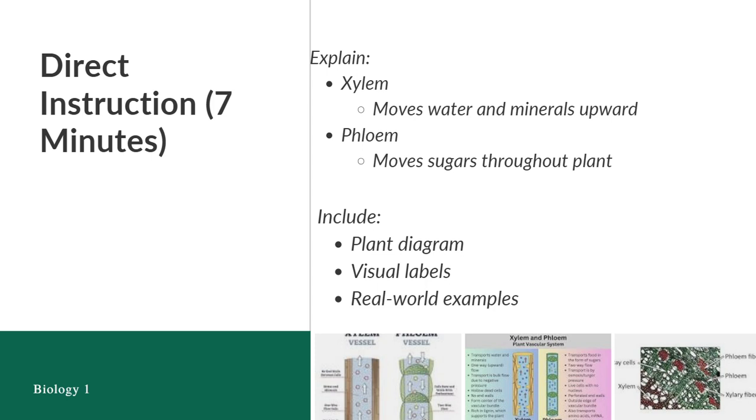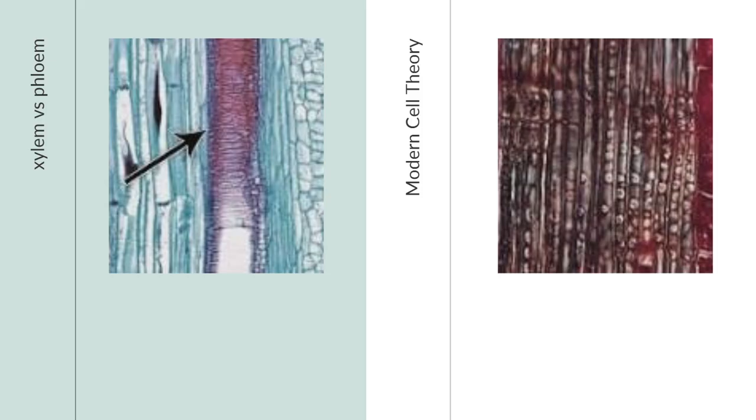Then I would do direct instruction, and I would explain xylem and how it moves water and materials upward, and how phloem moves sugars throughout the plant. I will use diagrams, visual labels, and real world examples. This is some real world examples of how it looks under the microscope.